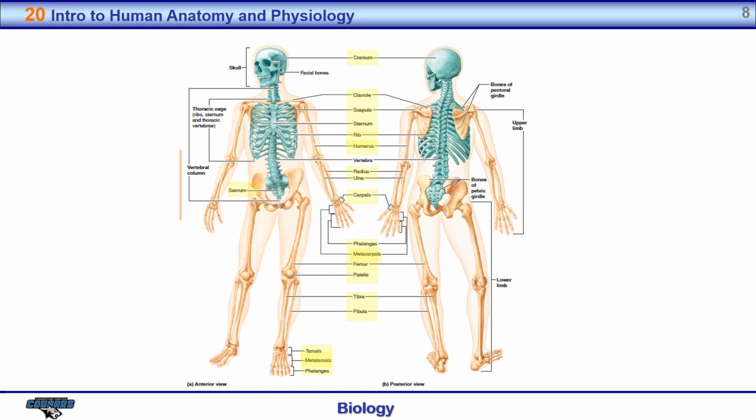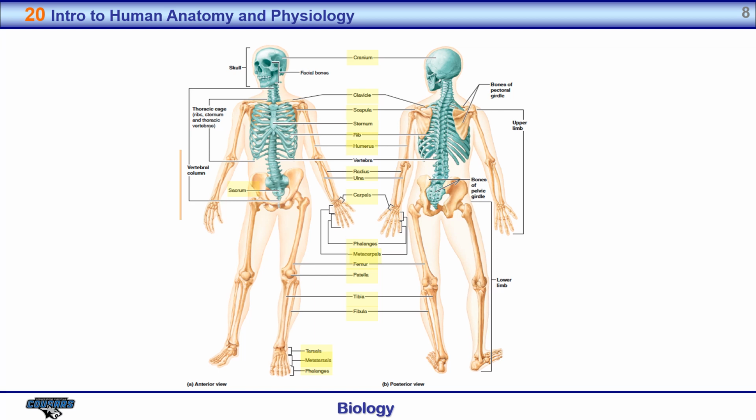The others that I did not mention make up your appendicular skeleton, and that's your appendages and the bones that they are attached to. Your collarbone is called your clavicle. Your shoulder blades are called the scapula.